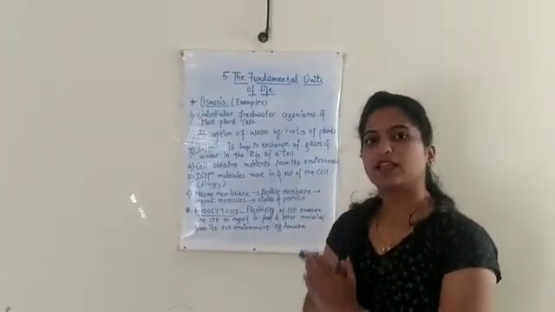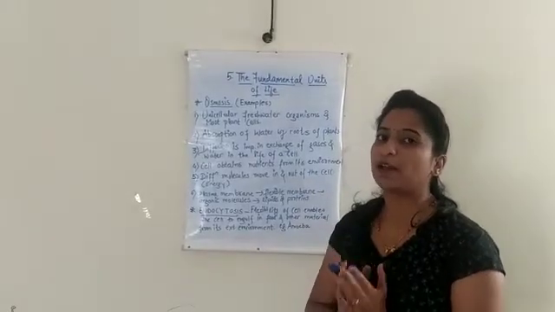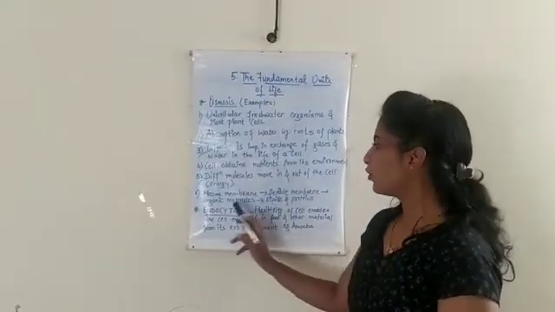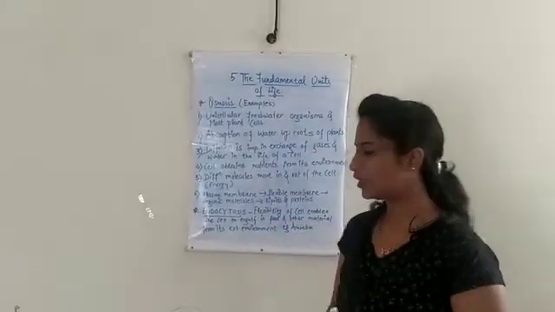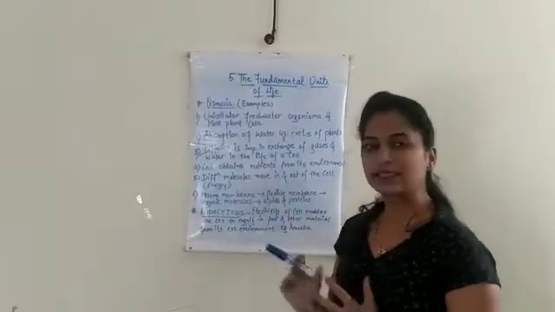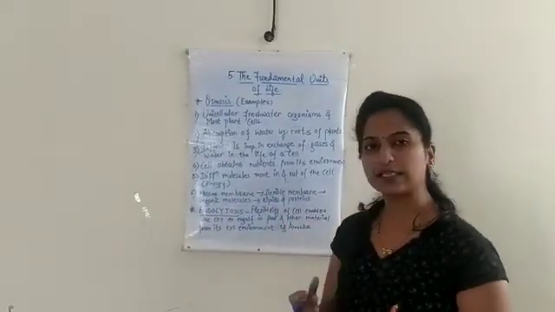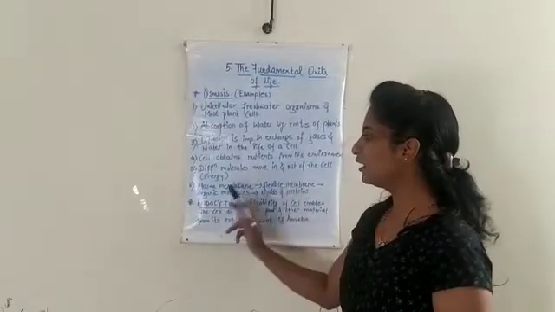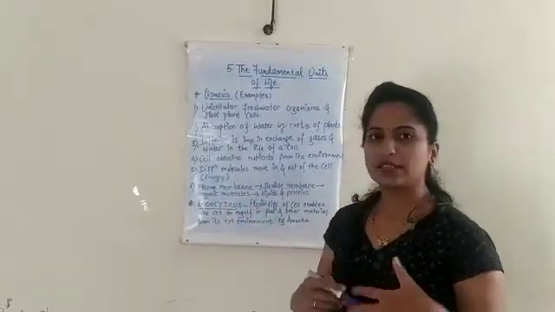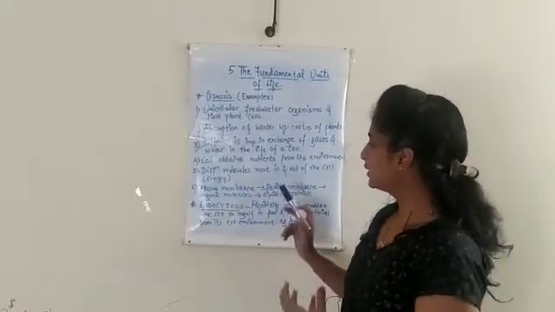Basically the plasma membrane is made up of organic molecules, that is, lipids and proteins. The plasma membrane is a cell membrane, or we call it what? Cell membrane.